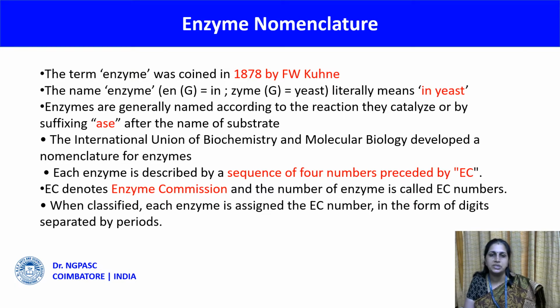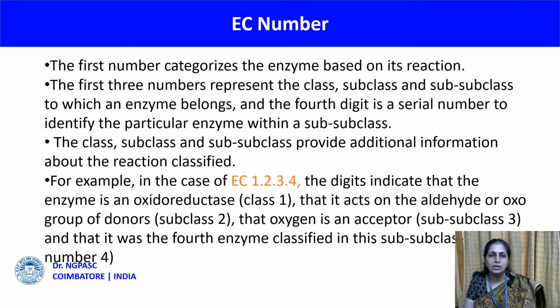Each enzyme is described by a sequence of 4 numbers preceded by EC. EC denotes Enzyme Commission, and the number of the enzyme is called the EC number. When classified, each enzyme is assigned the EC number in the form of digits separated by periods. The first number categorizes the enzyme based on its reaction.